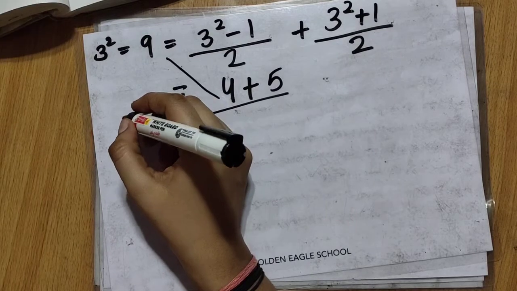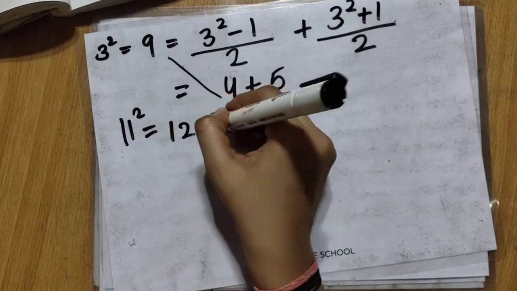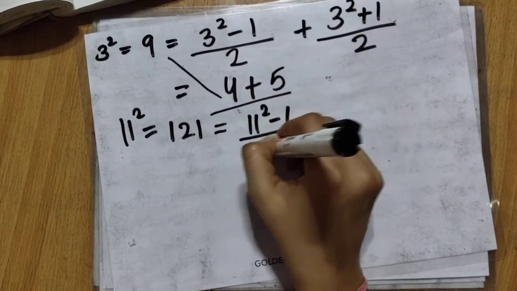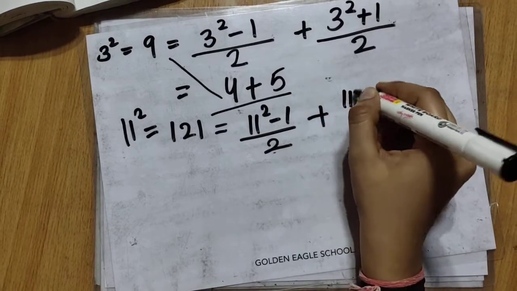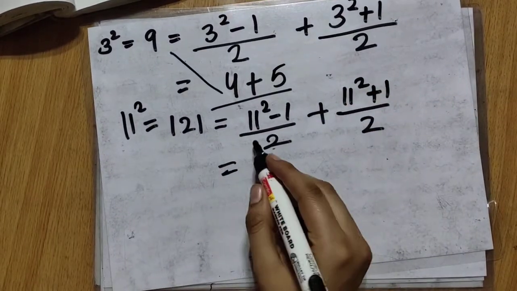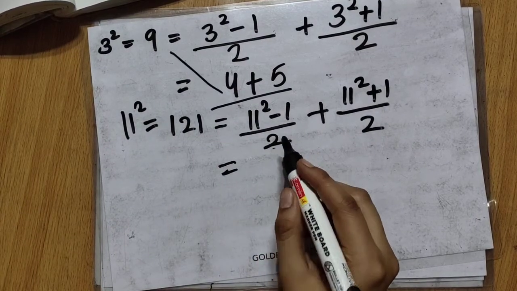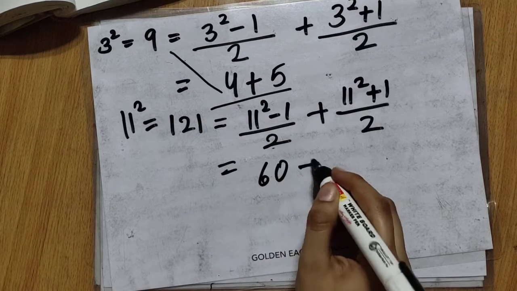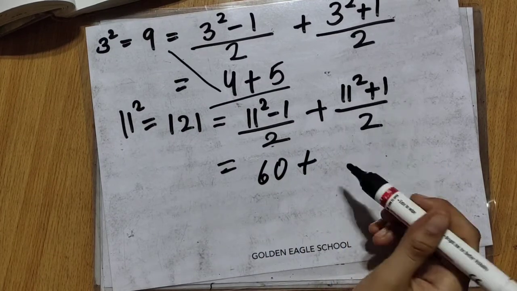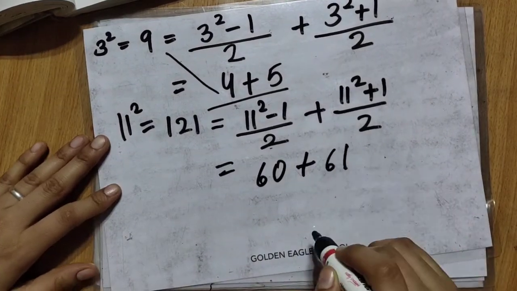Similarly, if we want to express 11 square, 11 square is 121. (11 square minus 1) divided by 2 plus (11 square plus 1) divided by 2. This will be 121 minus 1, that is 120 divided by 2, that is 60. 121 plus 1, 122 divided by 2, that is 61.